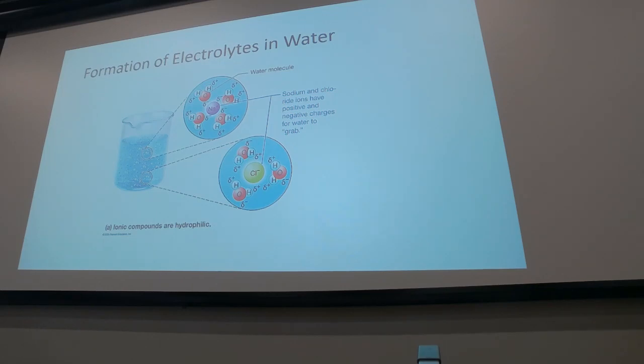So how do these electrolytes, or charged molecules, form in water? Well, if you add salt into water, because water molecules have a negative and a positive charge, these positive or negative charges can attract different ions from that salt.